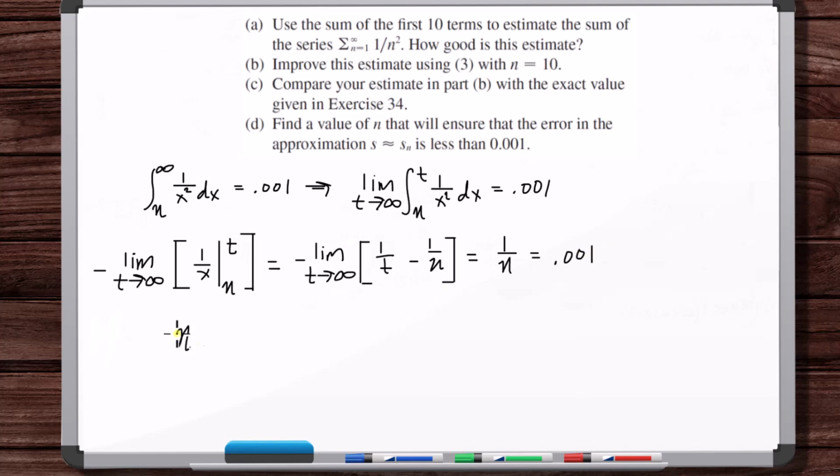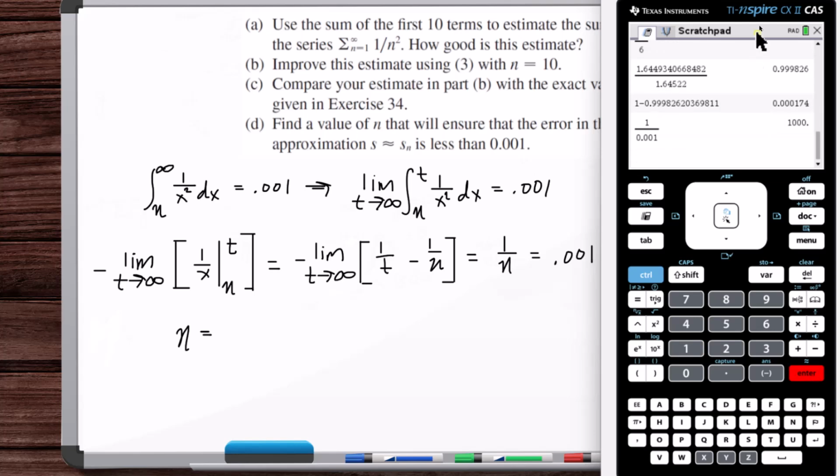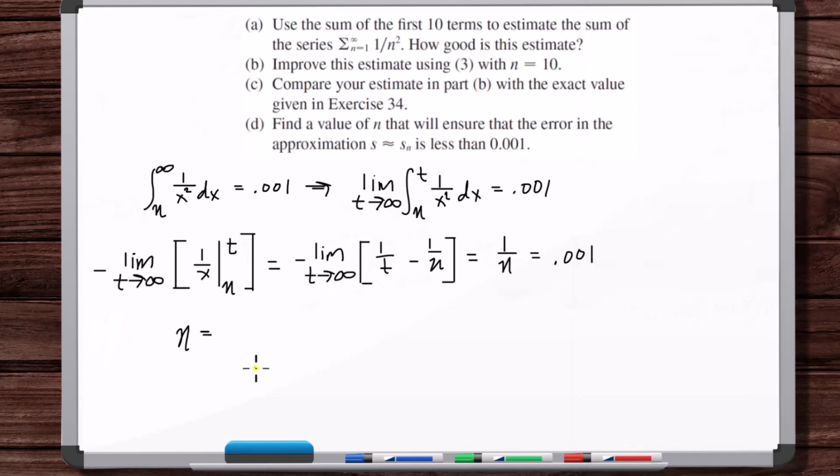What is 1 divided by 0.001? 1,000. So if n is greater than or equal to 1,000, then you will have an error of magnitude less than or equal to this.